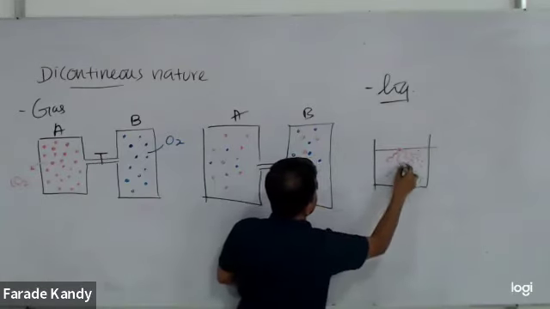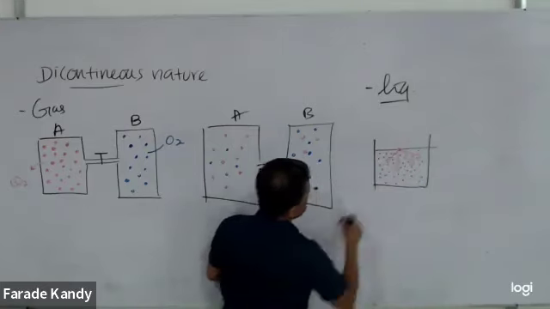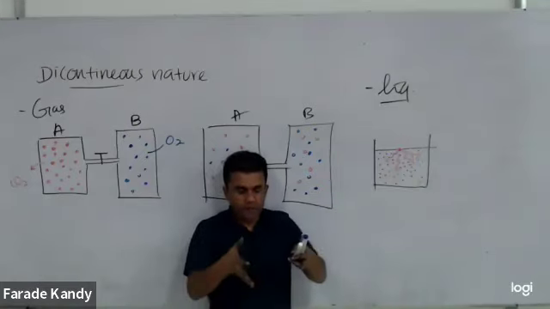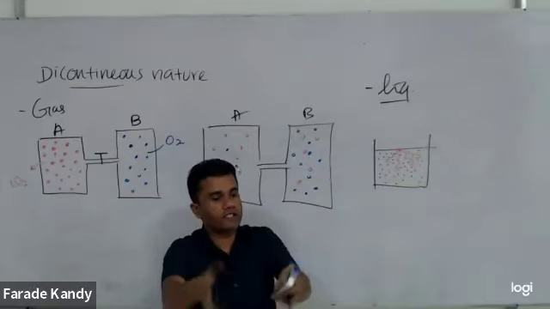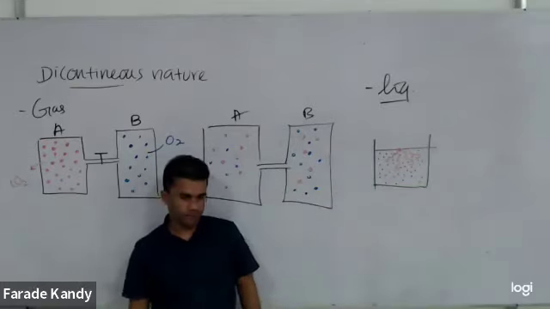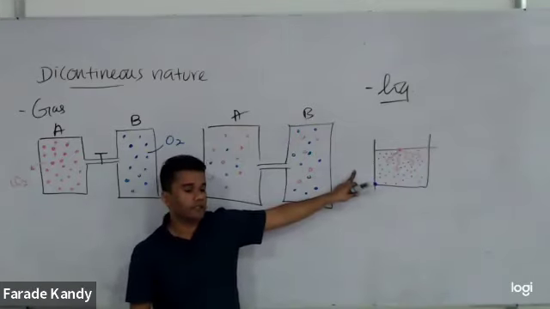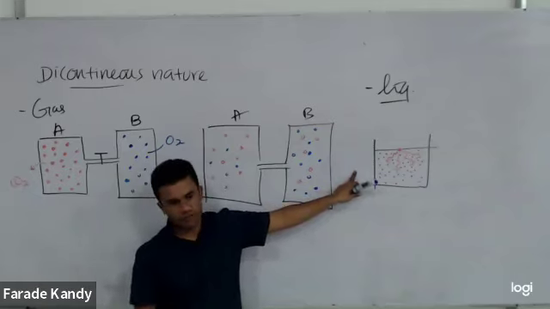If a water sample is filled with water particles like this, there are empty spaces among these particles. Since empty space is available, potassium permanganate particles can go through this empty space and finally the entire area becomes purple. From that, what can I say? Which one is discontinuous? Potassium permanganate is discontinuous, so water is discontinuous.